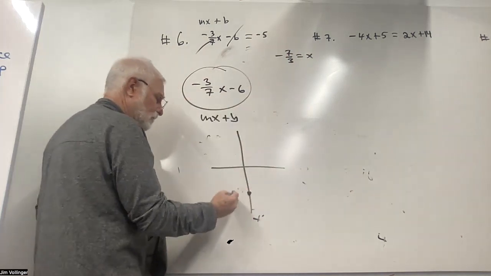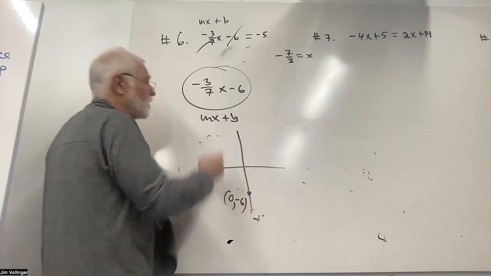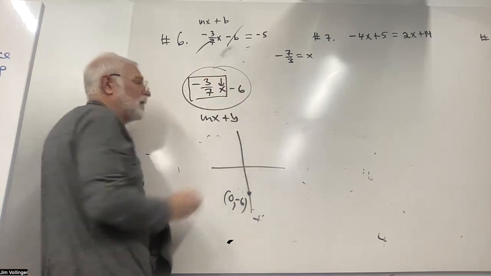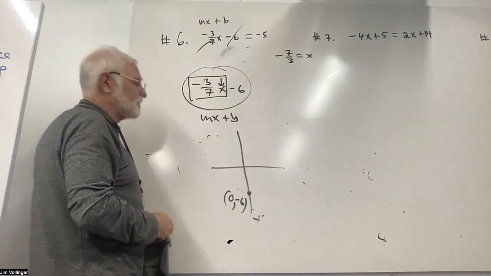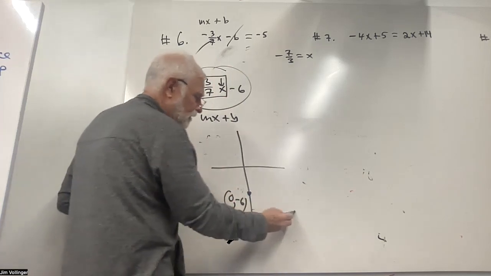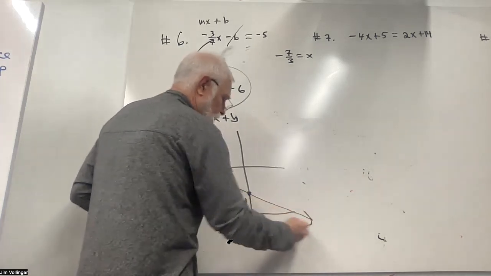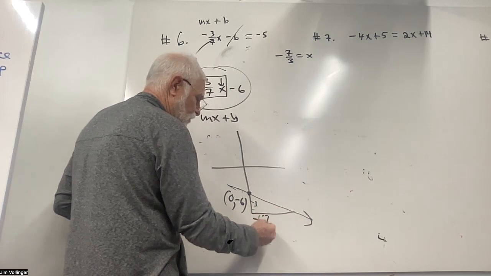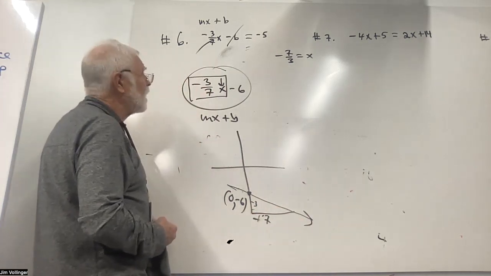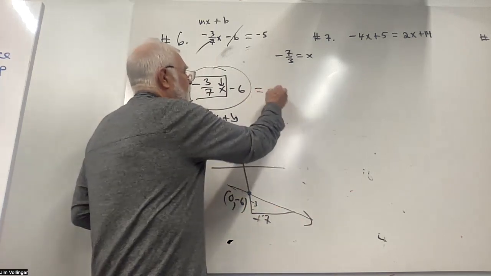If I put a 0 in, hope you can see multiplication. That's multiplication right now. And the easiest number to multiply by is 0. 0 gets you negative 6, and I'm going down at 3 to 7. Okay, I'm going down at a 3 to 7 ratio. All right, and I want to hit a height of negative 5.